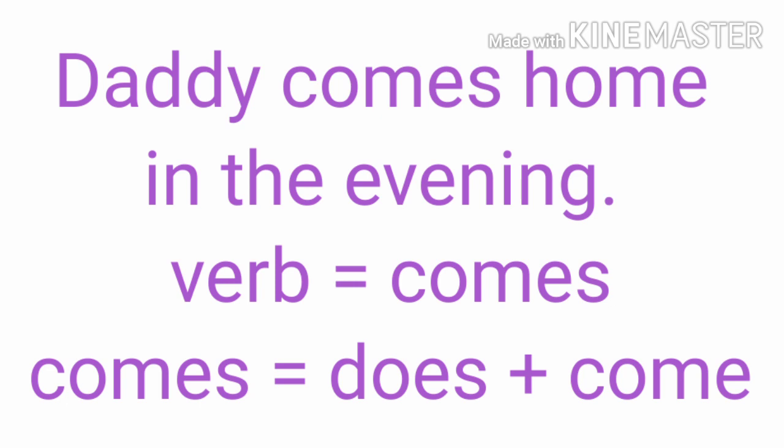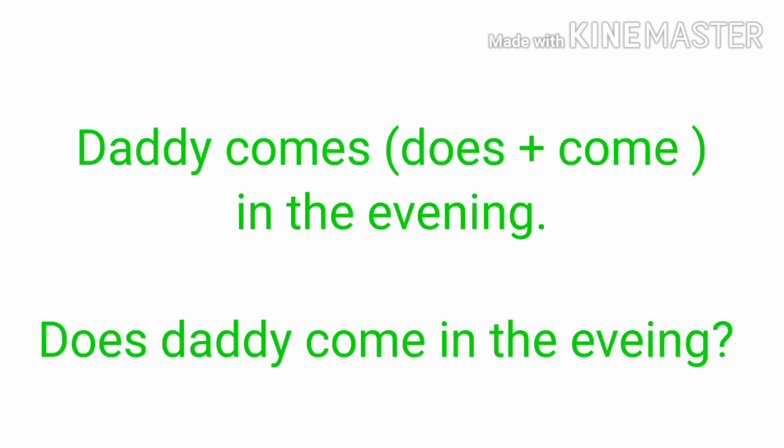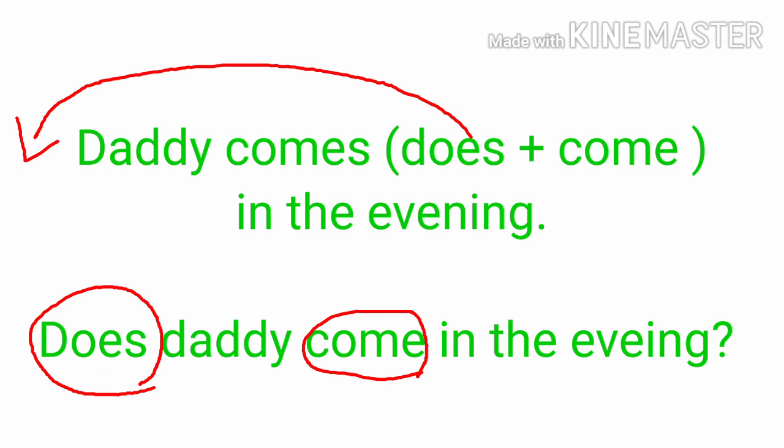It's very easy to find out the helping verb from a singular verb. The verb comes has does in it, so does plus come. Pick the helping verb does and place it in front of the sentence.